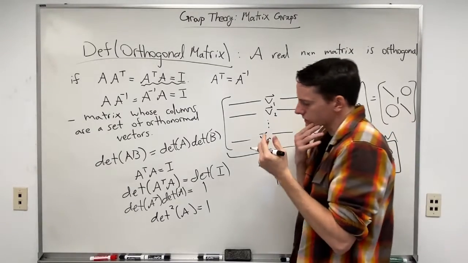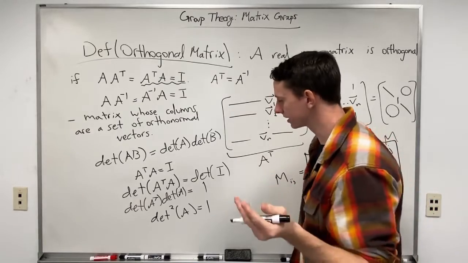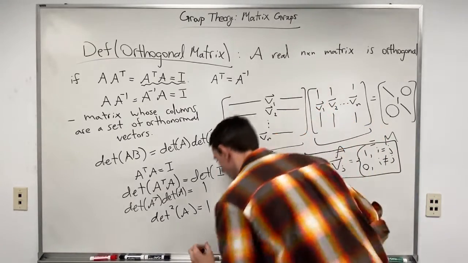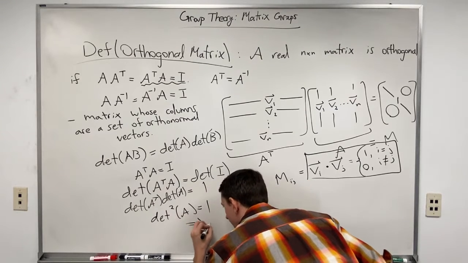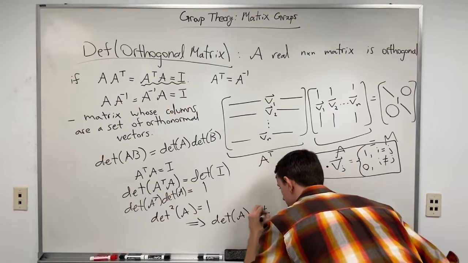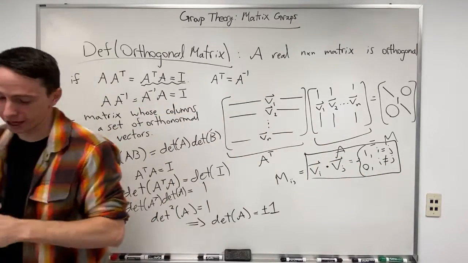And then we ask ourselves, how can the square of something produce the number 1? Well, the only way that's possible is when the determinant is equal to +1 or -1. So this implies that the determinant of A equals plus or minus 1. And again, let's remind ourselves where that came from.